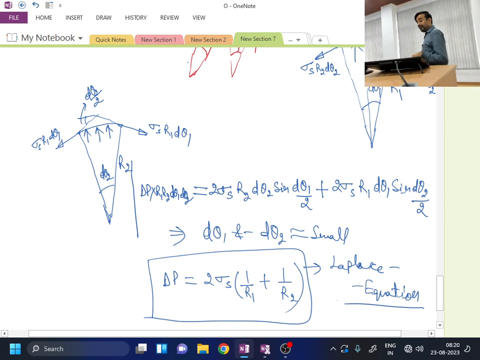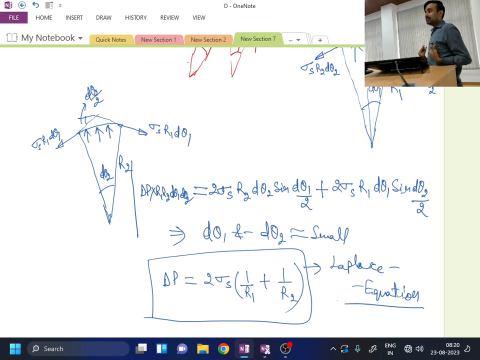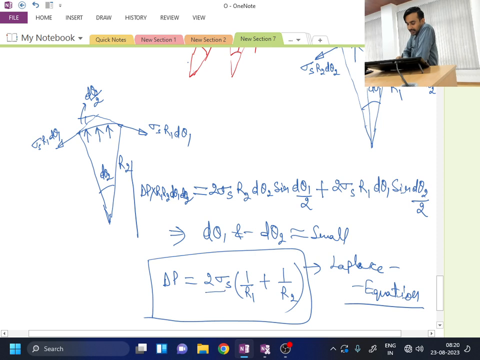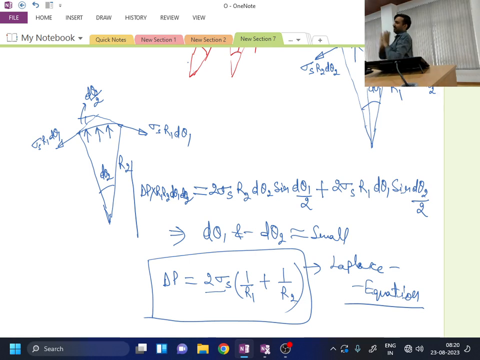So if I have any free surface present and if you want to find out the pressure difference across the free surface, then I can simply find it by using this relation, 2 sigma s times 1 by r1 plus 1 by r2, where r1 and r2 are nothing but the radii of curvature in two principal planes.